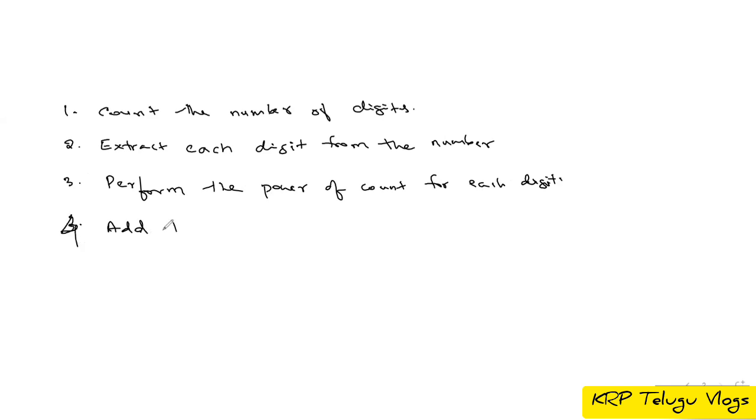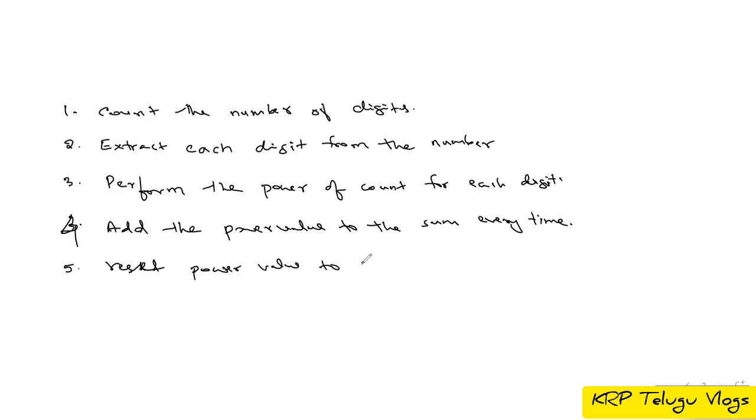Add the power value to the sum every time. Reset power value to 1 and divide n value by 10 every time. So this is what we are doing, nothing else. Note down this.